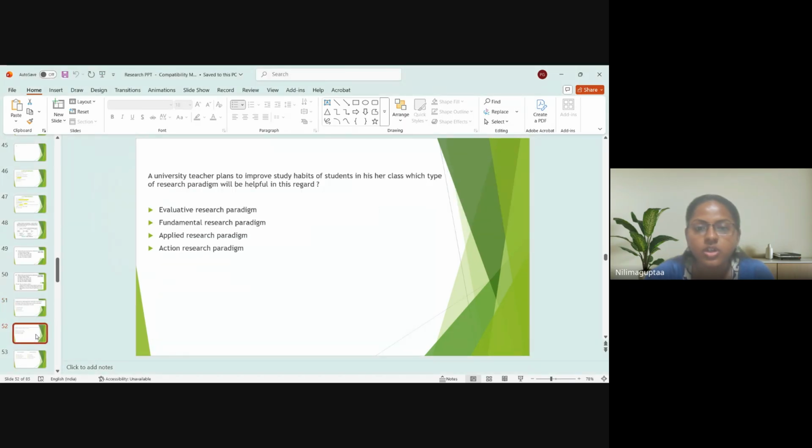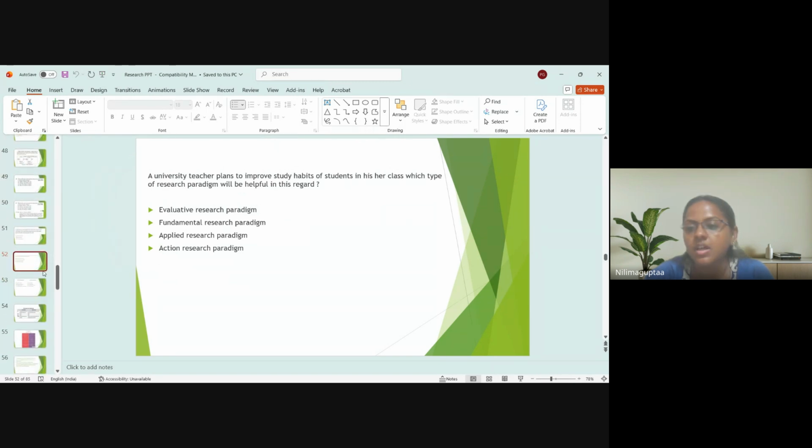Now, going to one more level higher. Another question. In the previous question, they asked you about a college teacher. Now they are telling you a university teacher. Again, similar type of question, but they have made sure to confuse you here with two types of options that are available.